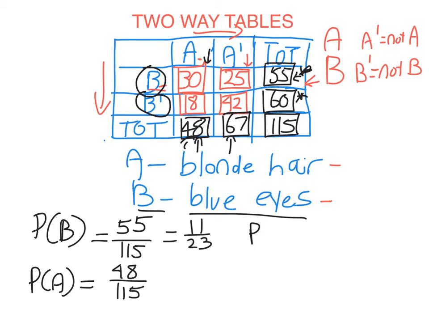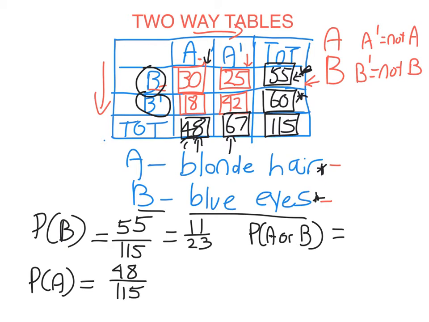So the probability that I'm in A or B. So that is the probability I have A, blonde hair, or B, blue eyes, or both, because whenever I say A or B, I mean A or B or both, inclusive or.